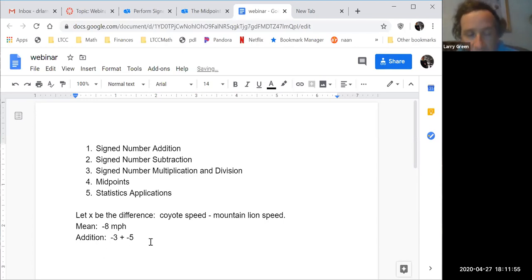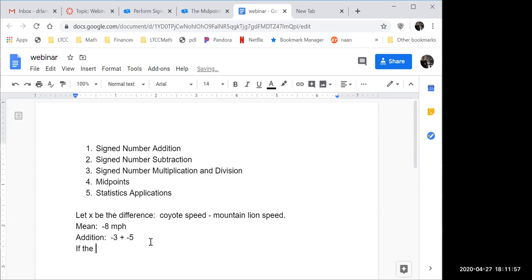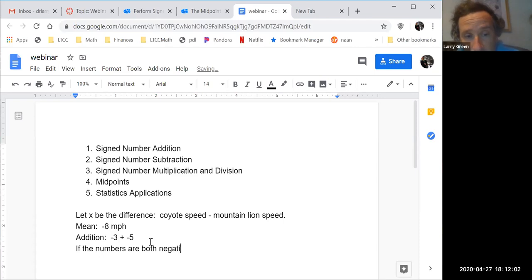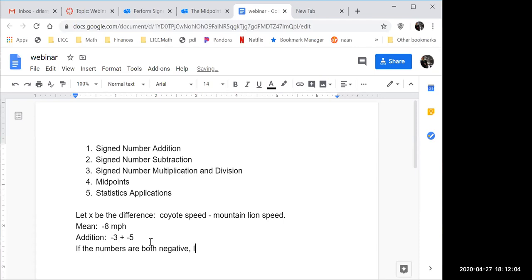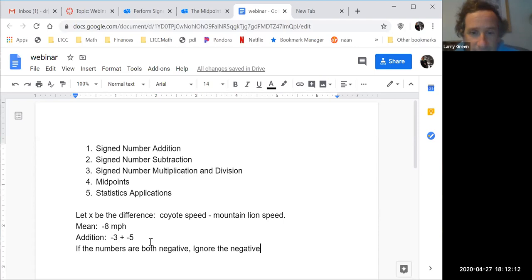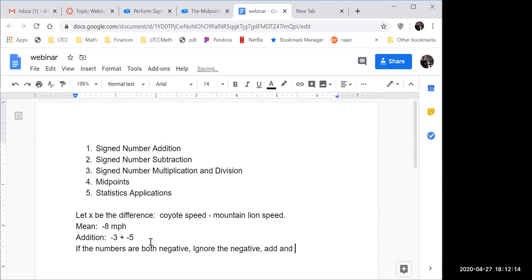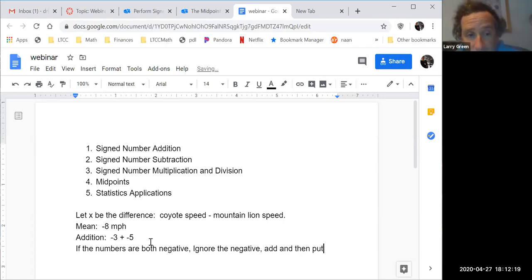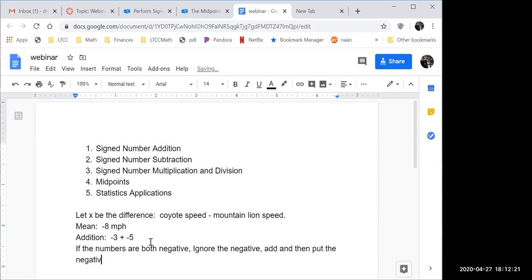Is it, if the numbers are both negative, ignore the negative? I'm going to say it in a little longer words than you do. Add, and then put the negative back on. Okay, any questions on the instructions on what to do when you're adding two negatives?